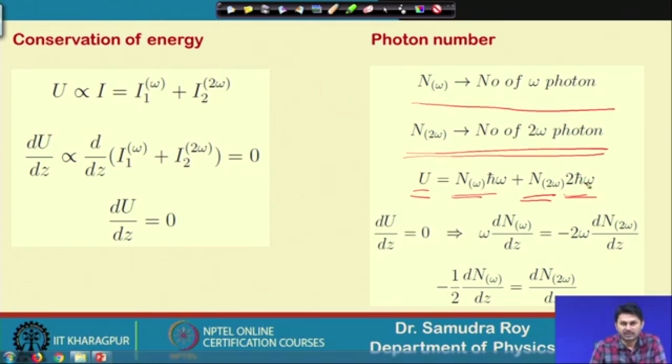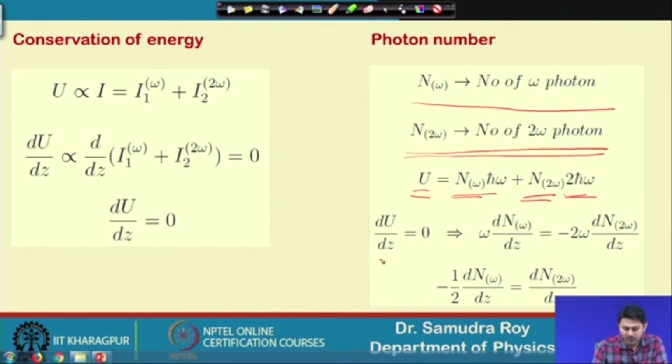For one photon we have the energy h cross omega. If n photons are there, we should have n multiplied by h cross omega to get the total energy for photons having frequency omega.